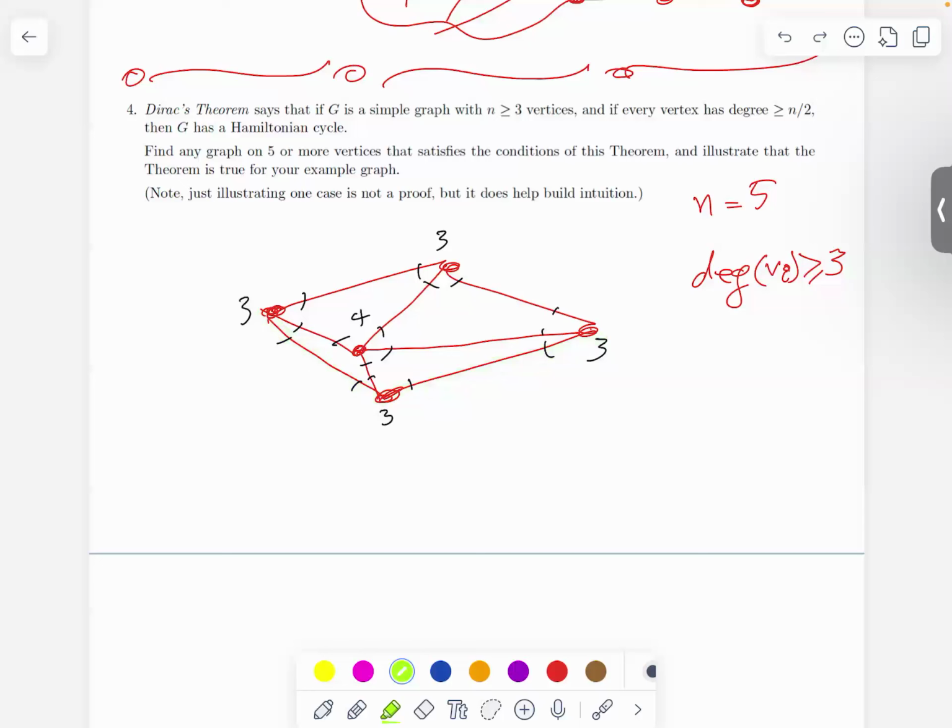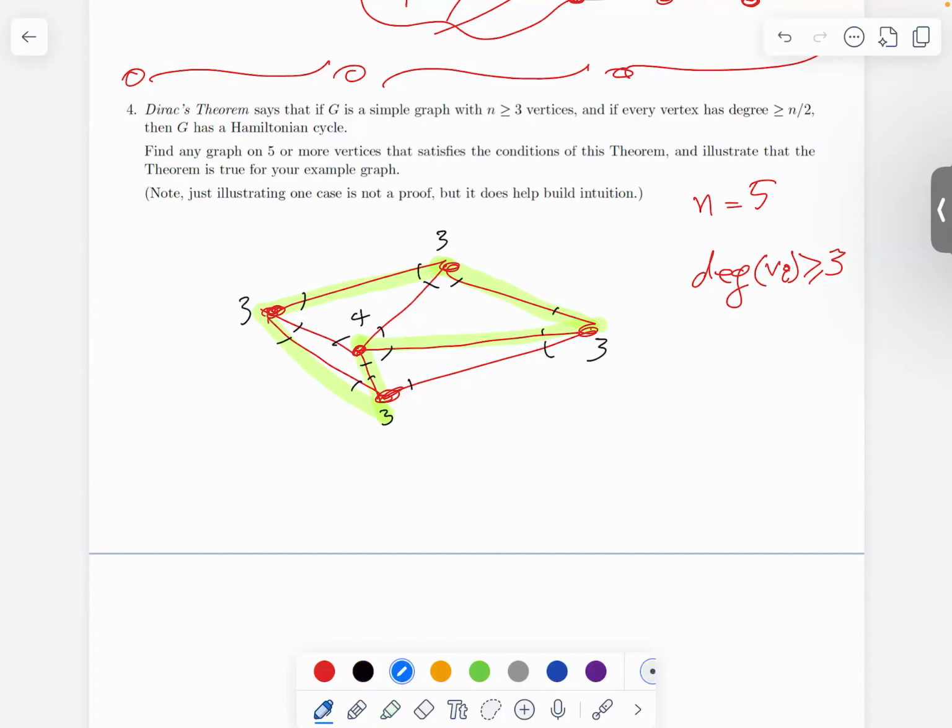I can start from here as well. This is a path, but yeah. Okay, this is a Hamiltonian cycle.